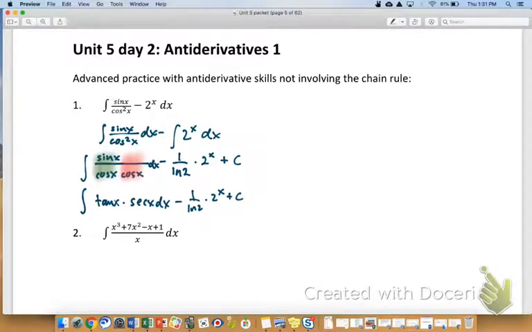Maybe you would look at that tangent of x times secant of x and say, wait a minute, isn't that just the derivative of secant? And so wouldn't the antiderivative of that have to be secant? So that's where we would go with this one, and say this is secant of x minus 1 over ln of 2 times 2 to the x. Get that plus c in there, and we're good.